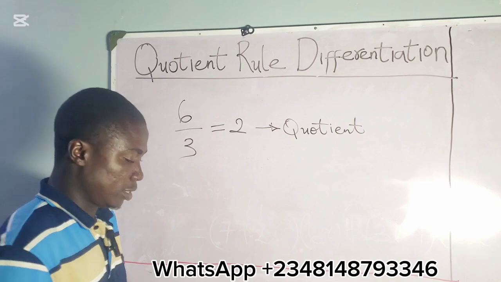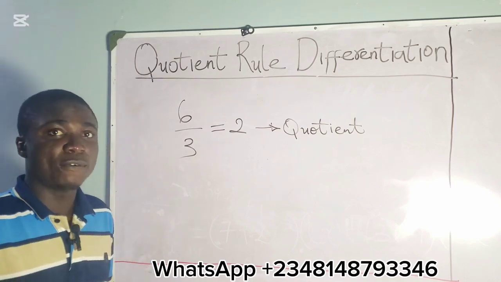All right. So what is the quotient rule formula?